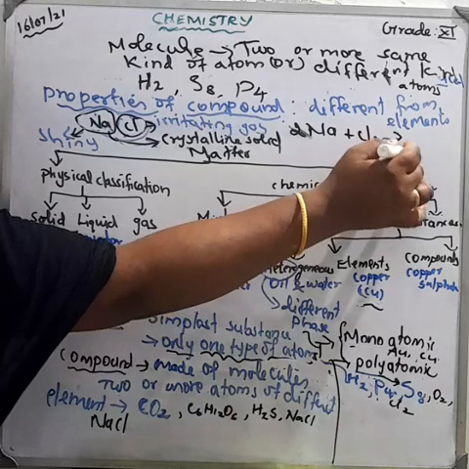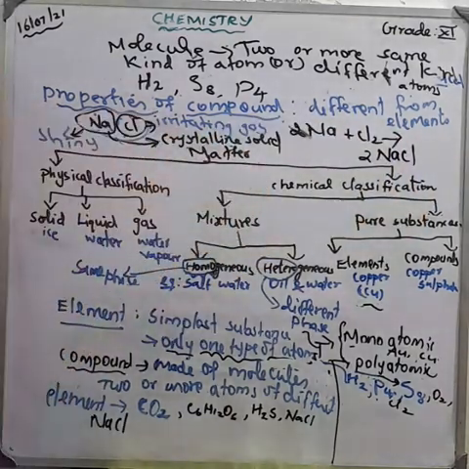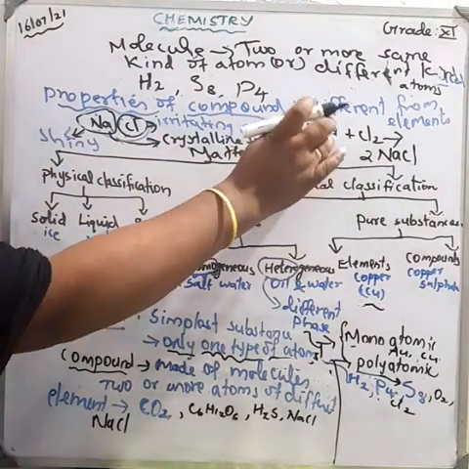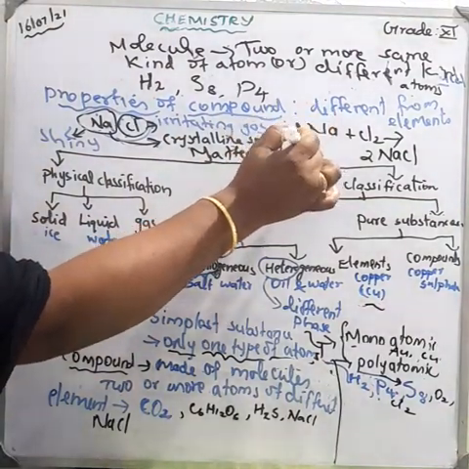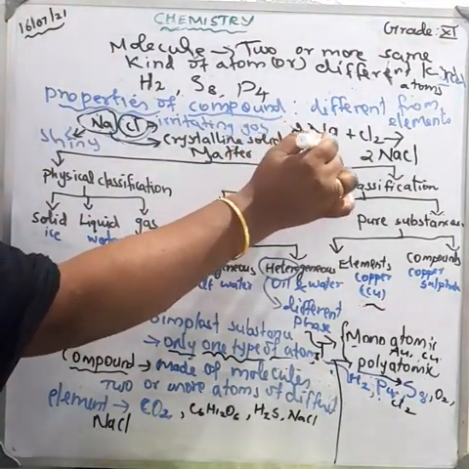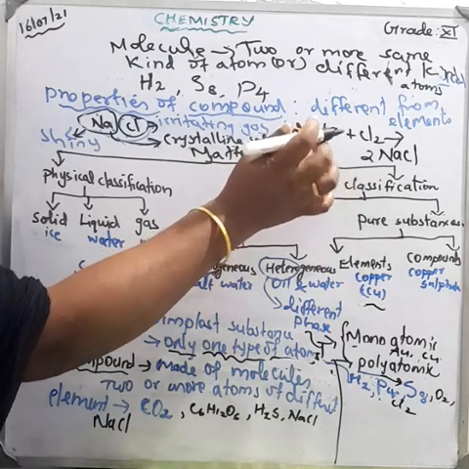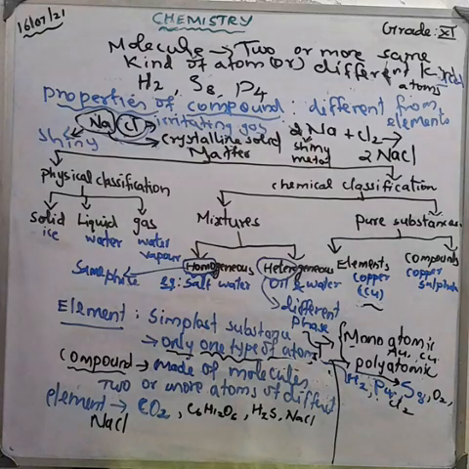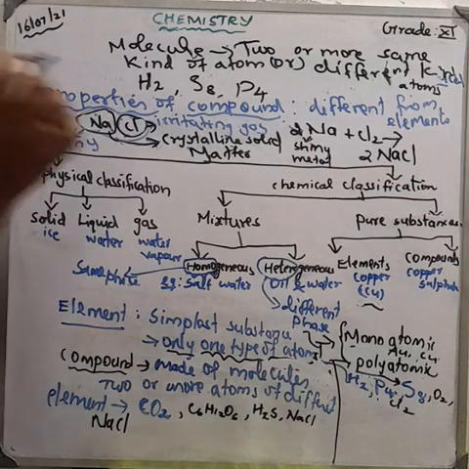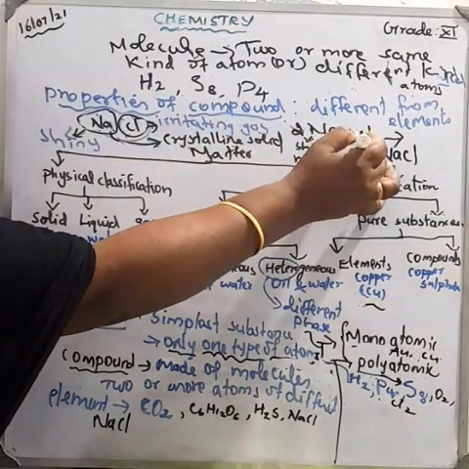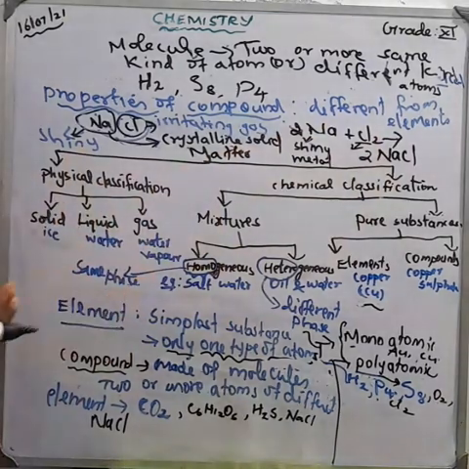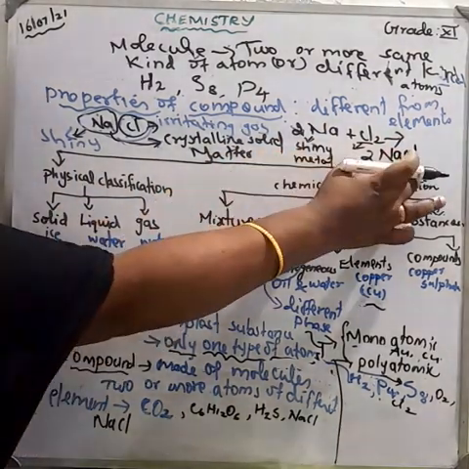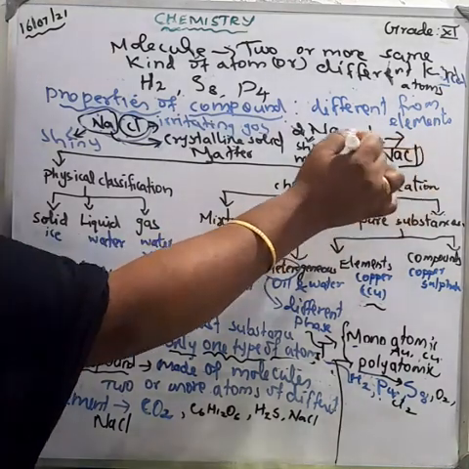In elemental form, sodium is a shiny metal, a solid metal. Chlorine is an irritating gas. When sodium combines with chlorine, it becomes a crystalline solid. These are about the compounds. Understood?